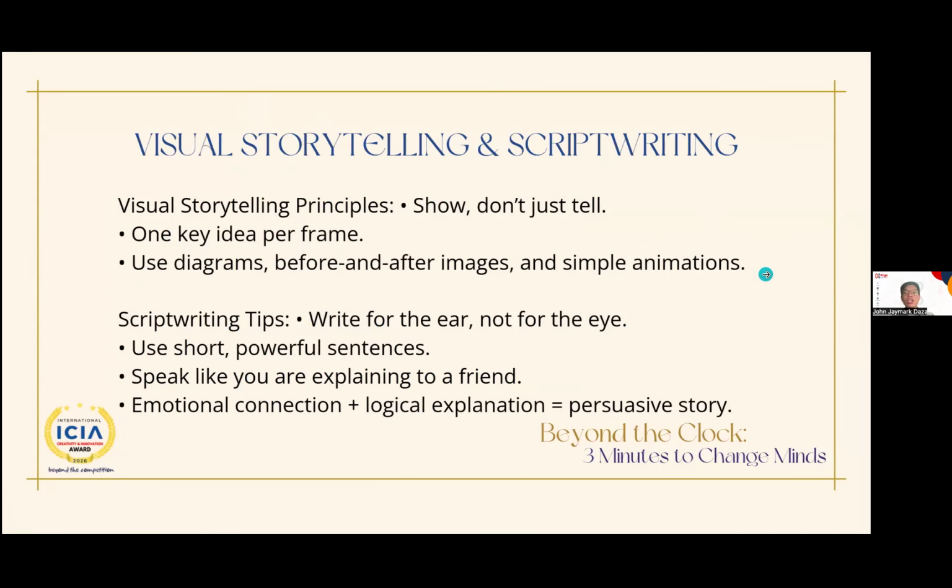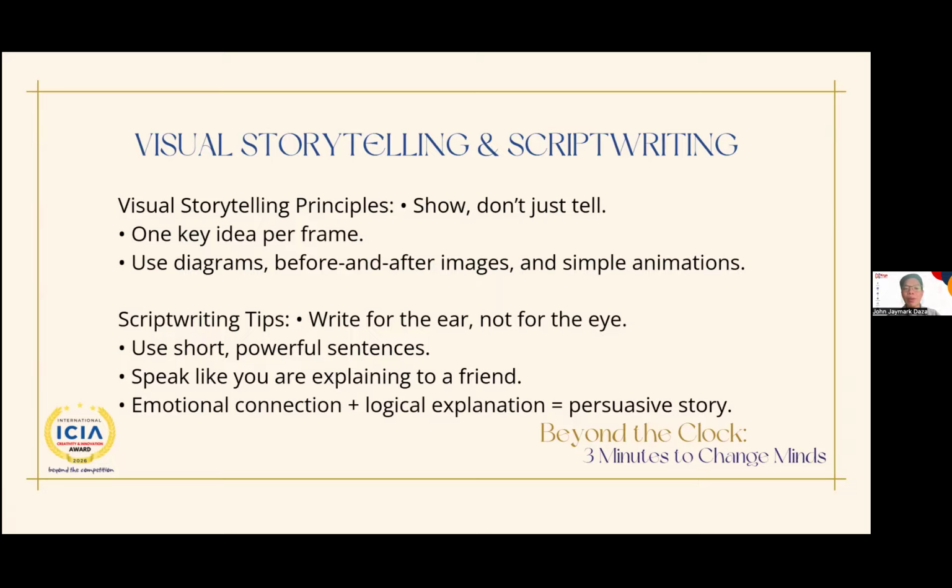So let's go on to the next part, visual storytelling and script writing. I won't delve into this, just like on the last slides, but the visual storytelling principle is that you need to show them, not just tell. You need to establish a connection.